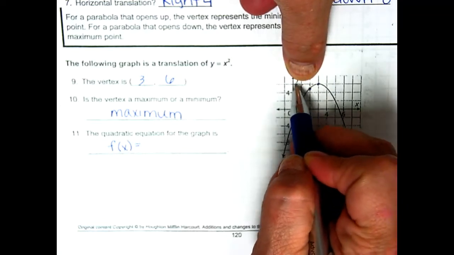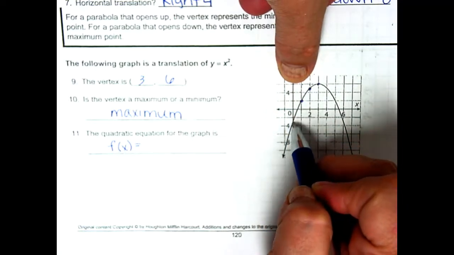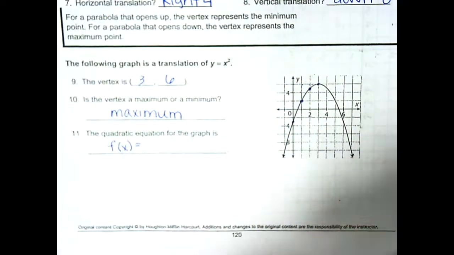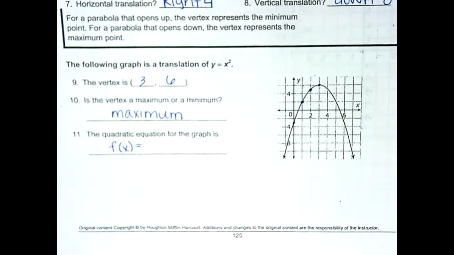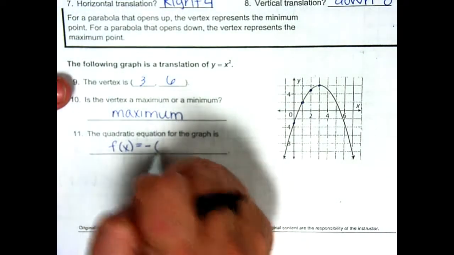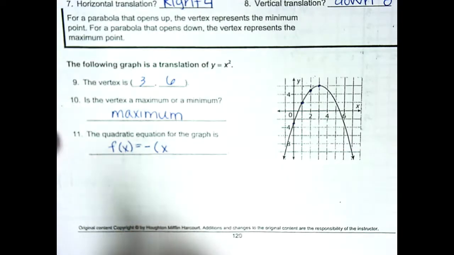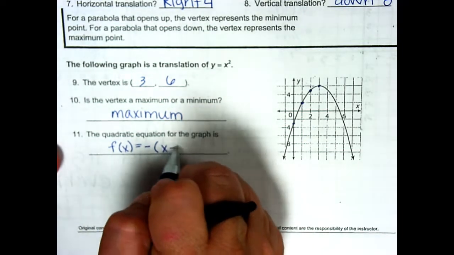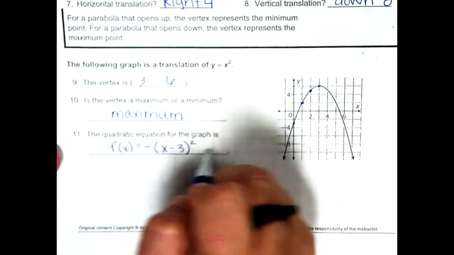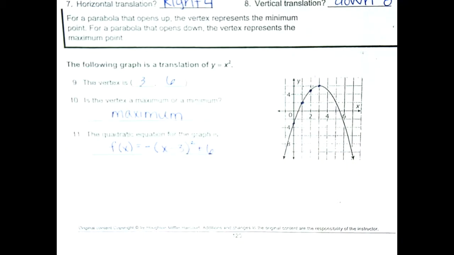Out 3, down 9. So that is the normal pattern. There is no stretch or shrink, but it opens down, which means it's negative. And then we have x, and because it went to the right 3, it'll be (x minus 3) squared. And then it went up 6, so plus 6.